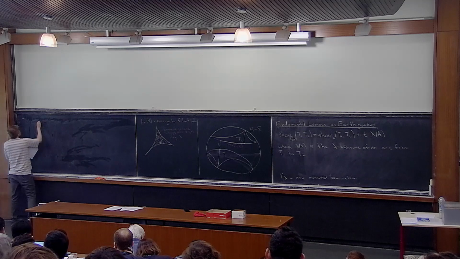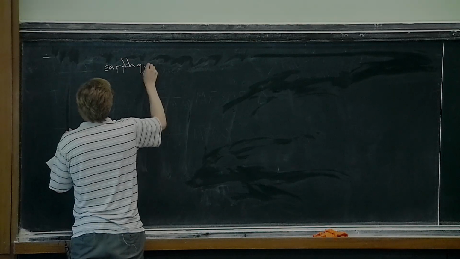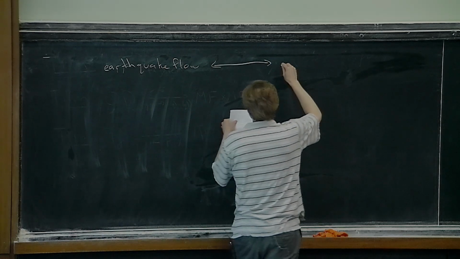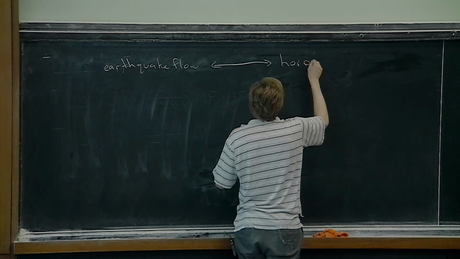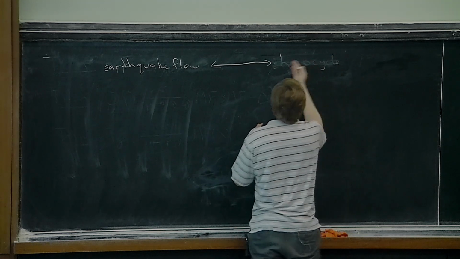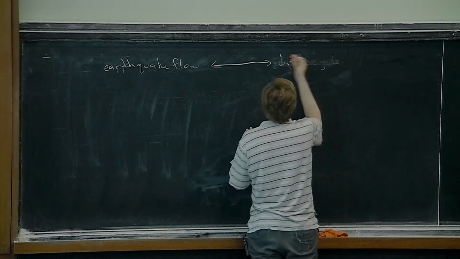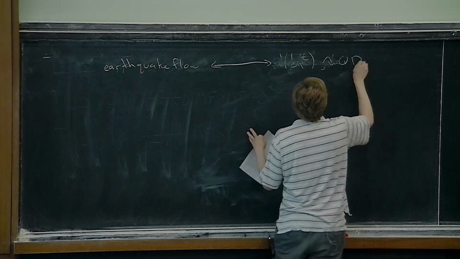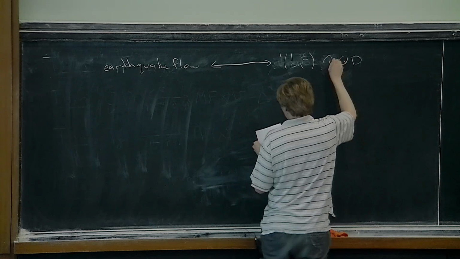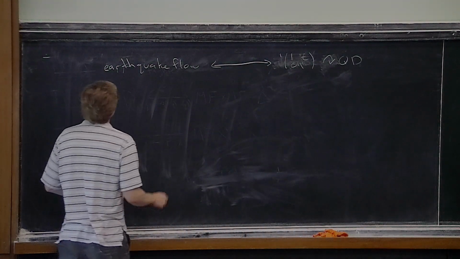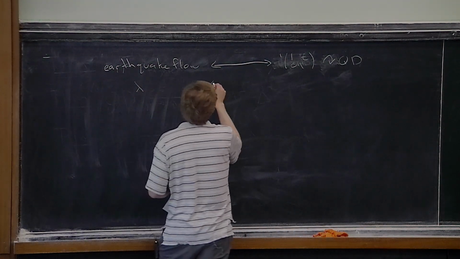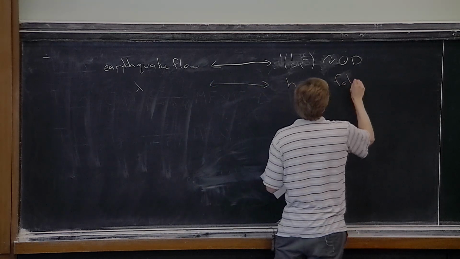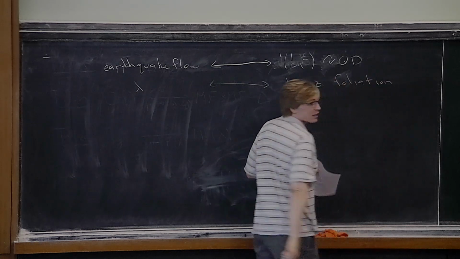Okay, so we want to show that earthquake flow corresponds to Horocycle flow, or I'm calling it unipotent flow, I guess. Teichmuller unipotent flow, 1, t, 0, 1, acting on the bundle of quadratic differentials. So in our dictionary, first of all, lambda is going to correspond to the horizontal foliation of the quadratic differential.